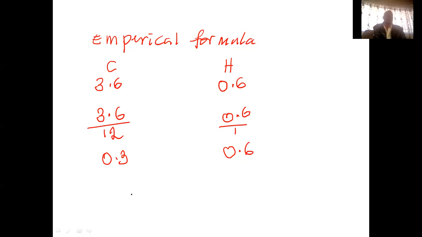And so the step which follows is that we are supposed now to divide by the smallest. So 0.3 is the smallest here. Everywhere we are going to divide by 0.3: 0.6 divided by 0.3.